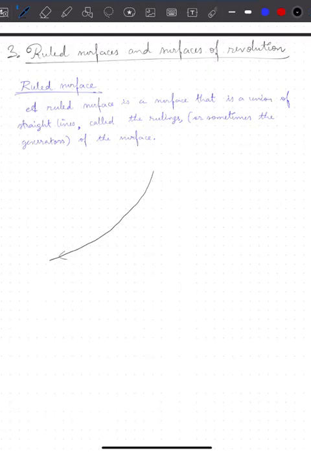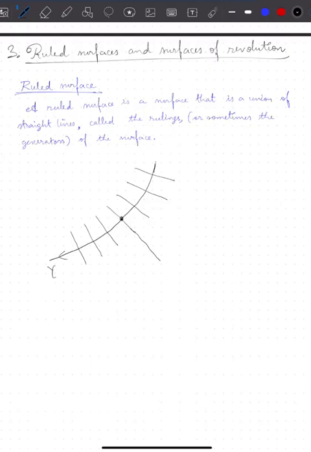Say we have this curve, which is parameterized as gamma. And then we have these ruling straight lines at every point. There would be infinitely many such straight lines, so let's just extend one for demonstration purposes.